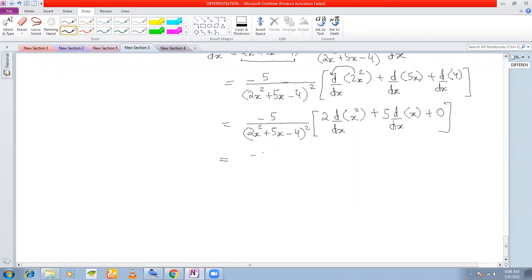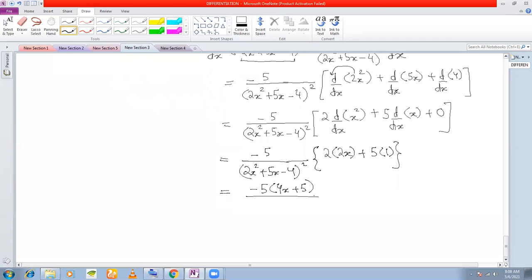So this becomes minus 5 divided by (2x² plus 5x minus 4) whole square into, now if you differentiate all this, d/dx of x² is 2x, so twice that, d/dx of x is 1, so 5 into 1, and plus 0. So ultimately we get minus 5 times (4x plus 5) divided by (2x² plus 5x minus 4) whole square.